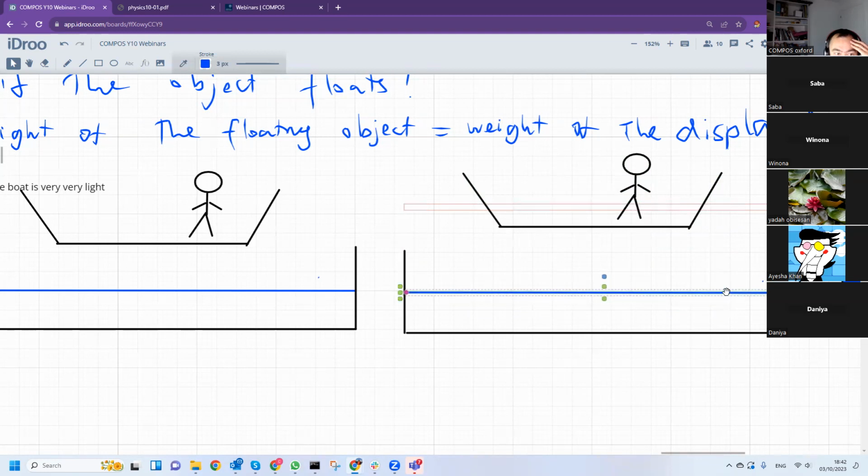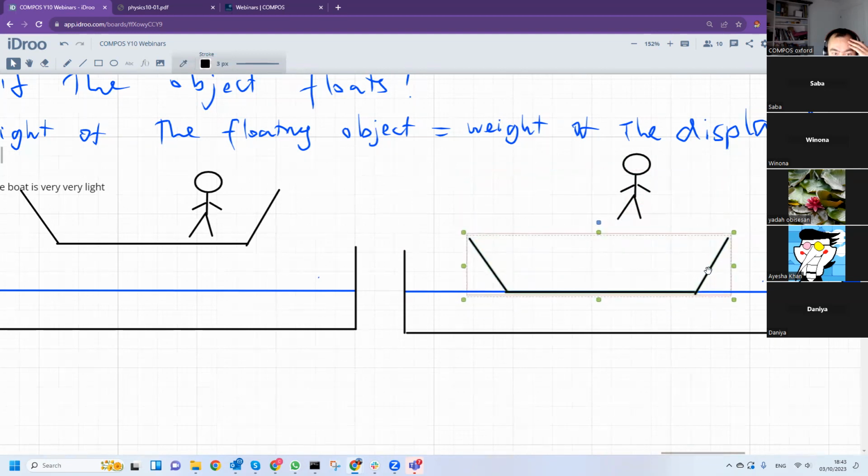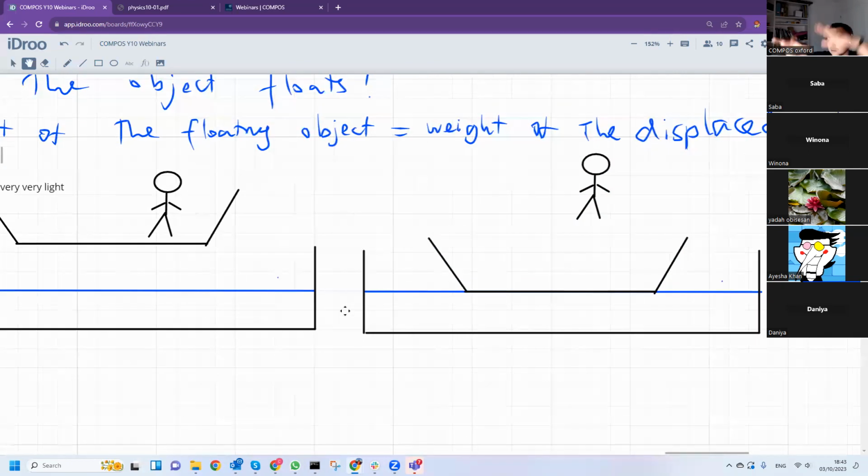When you place the very, very light boat into the water, that does not change the level of the water, because the boat weighs nothing, so it's literally on top of the water.